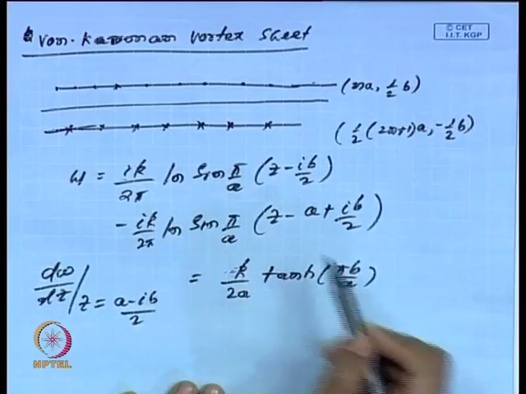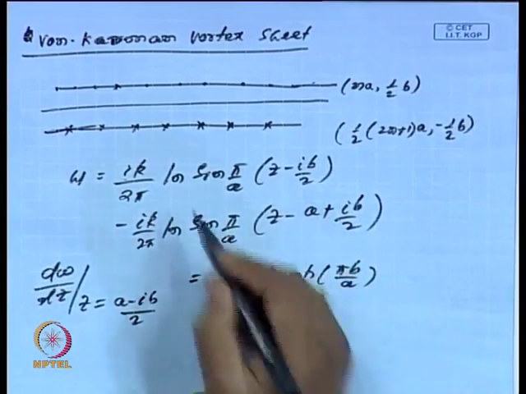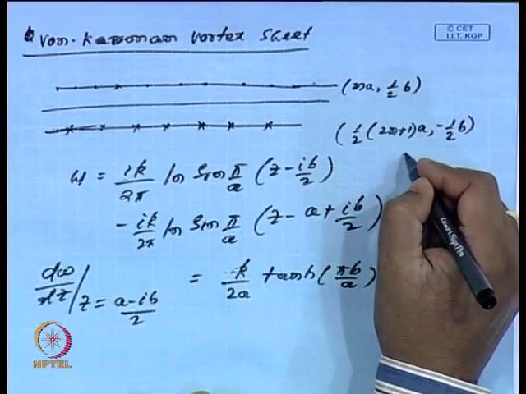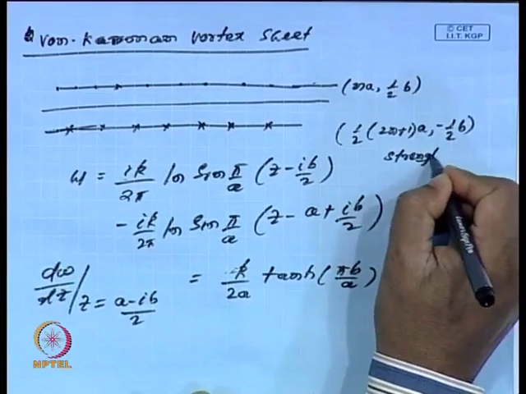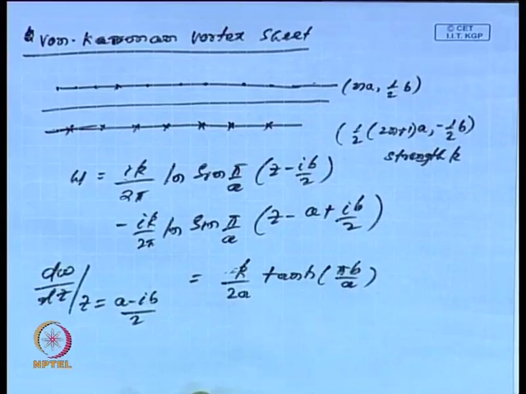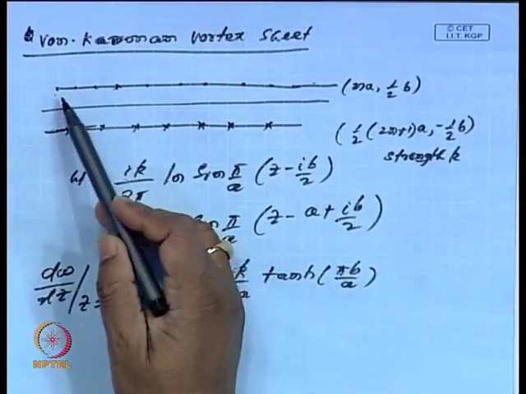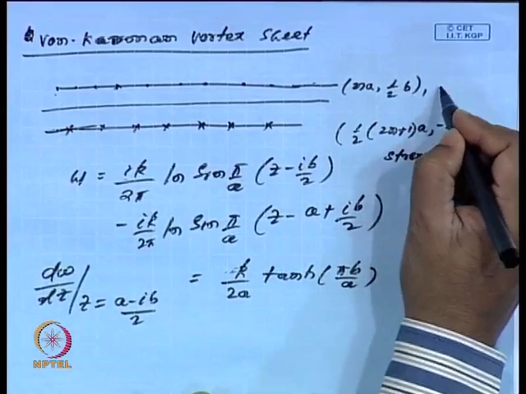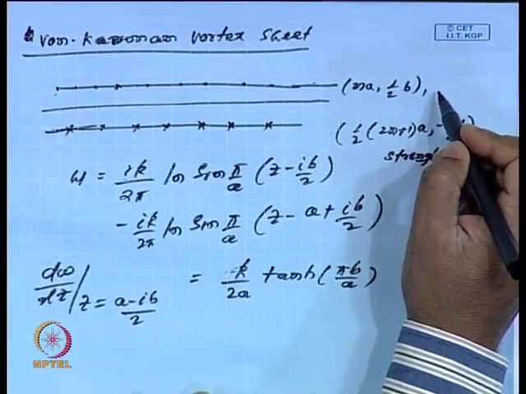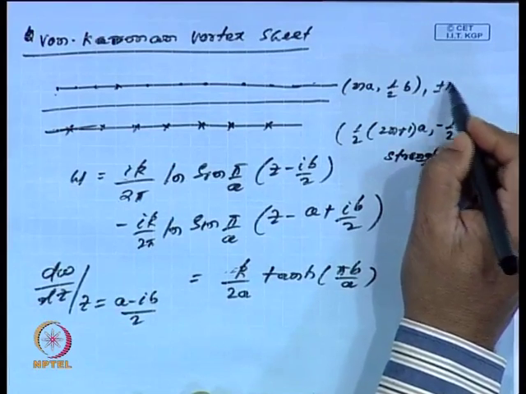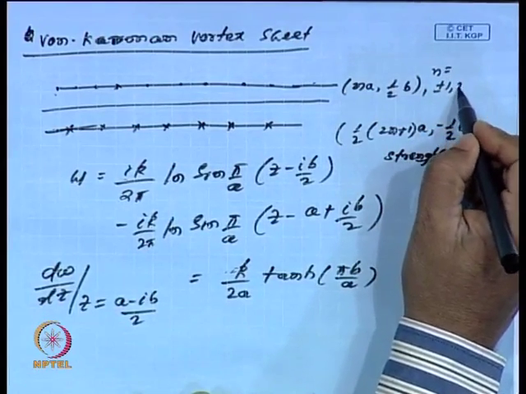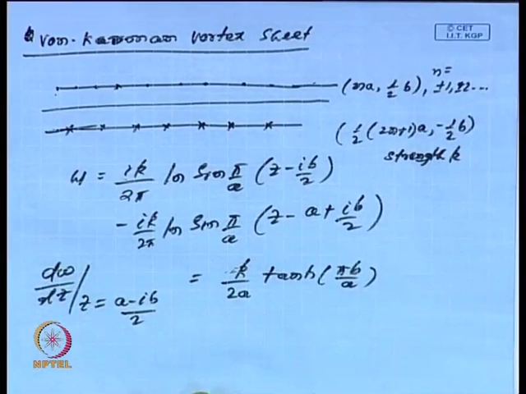So here each of the vortices is of strength k. And if I add these two, the vortices are at the points n a plus half i b, and n can be positive or negative, n is plus minus 1, plus minus 2, like this.